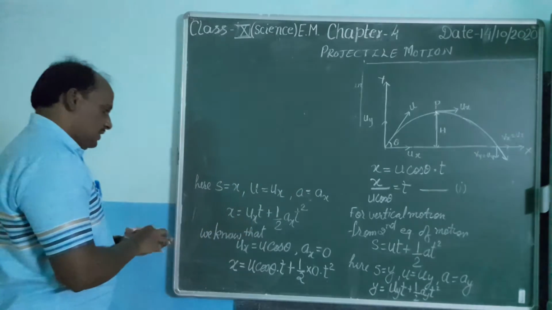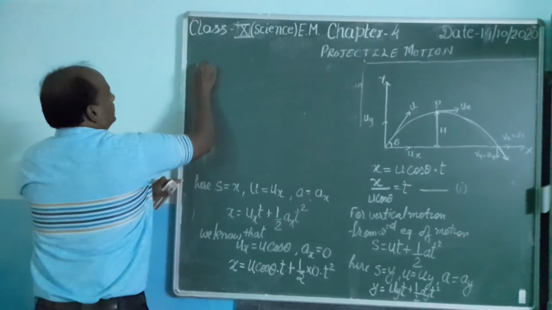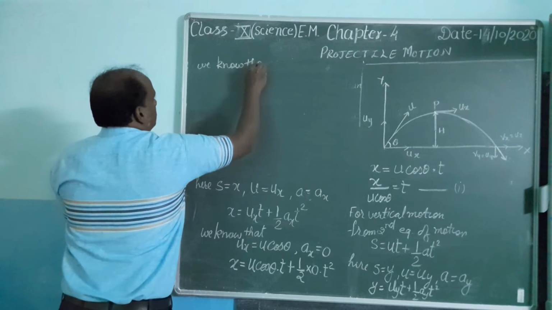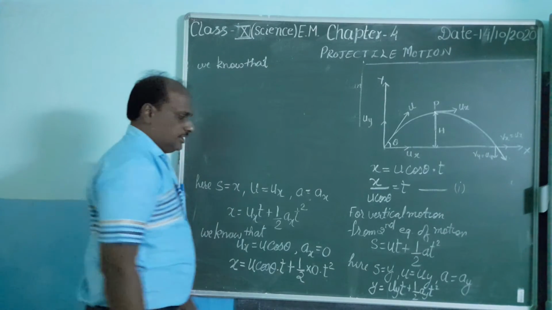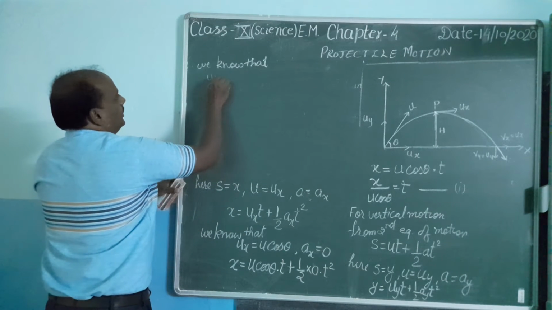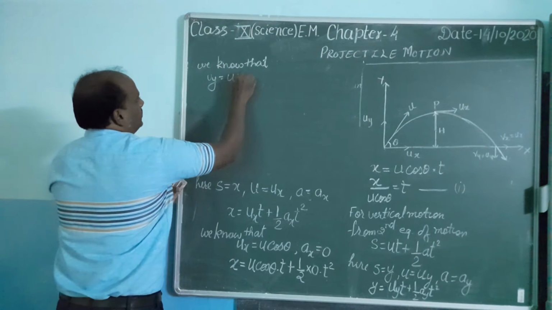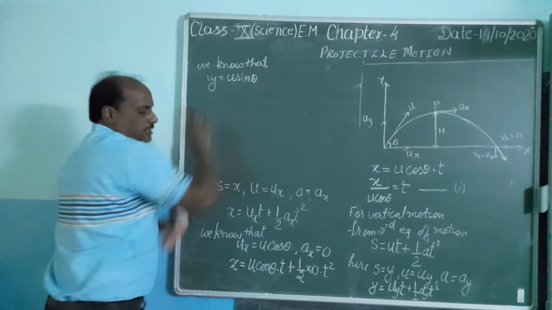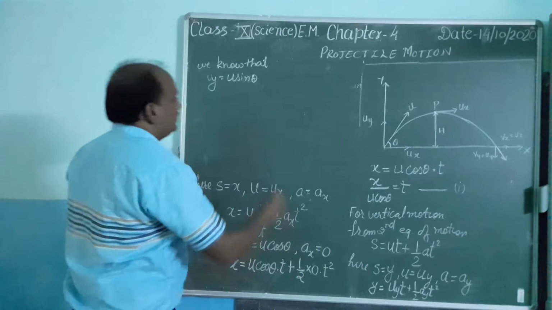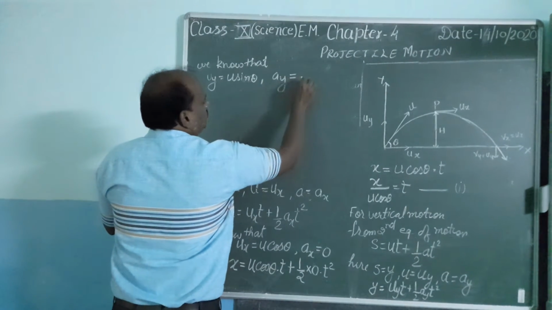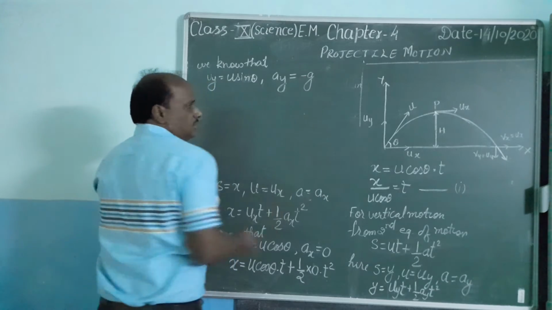We know that uy equals u sin theta, and ay will be equal to minus g.